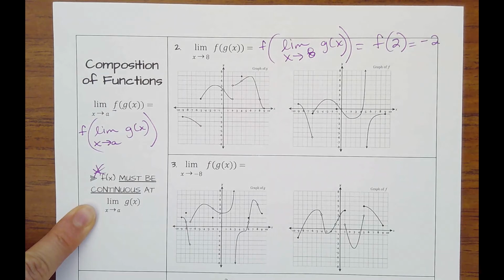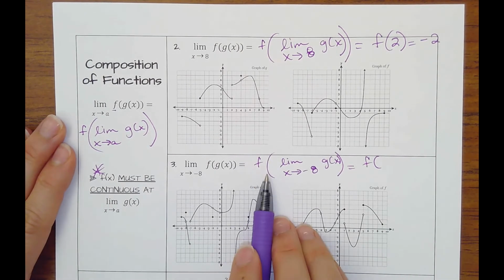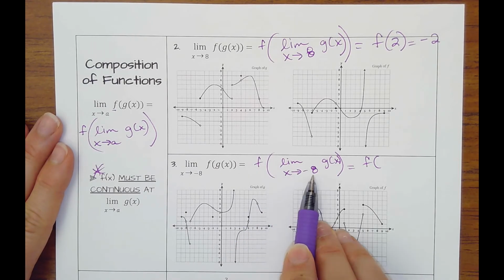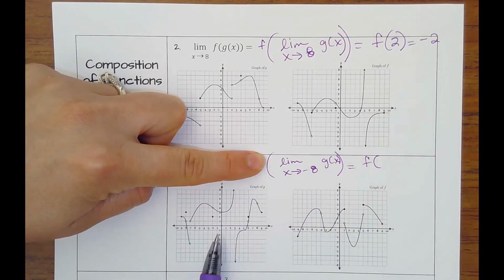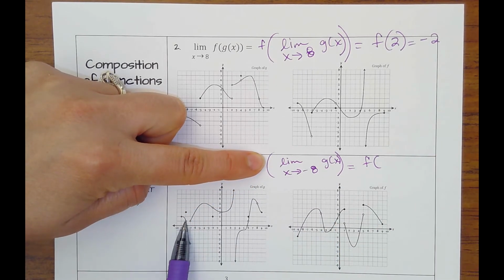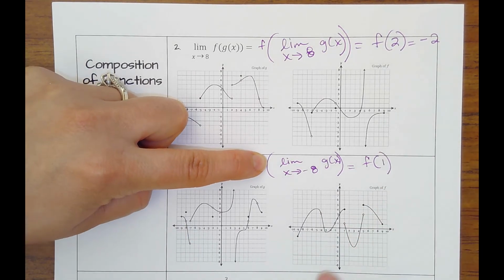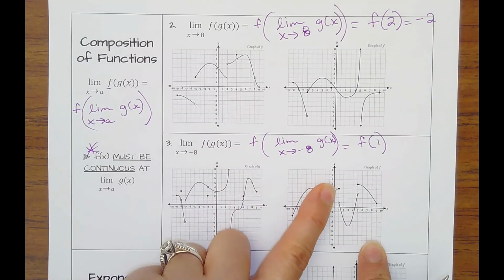Okay. Number 3. I'll have that f out in front of the limit as x approaches -8 of g of x. So you're finding this limit for the g function as we're going to -8. It does exist. We're here at 1. So I'm finding f of 1. But if I go over here and look at f of 1, there is a value there, but it's not continuous.